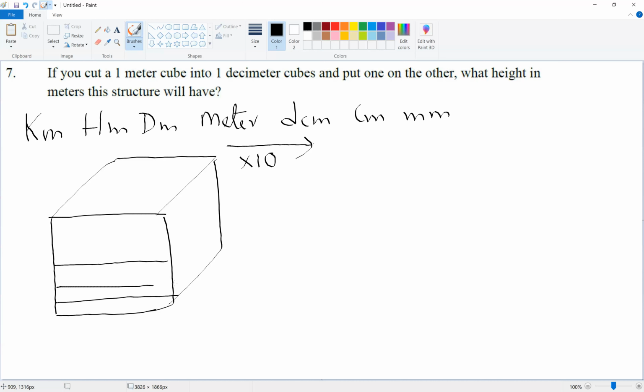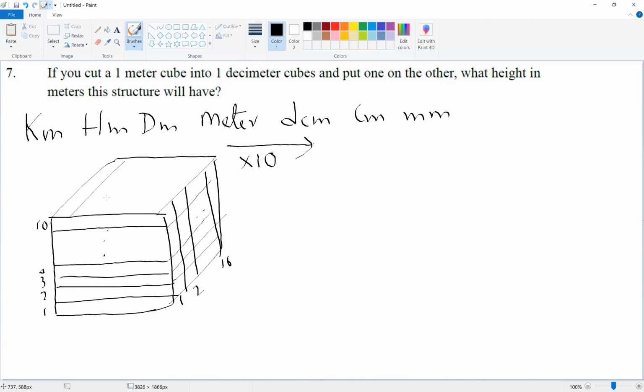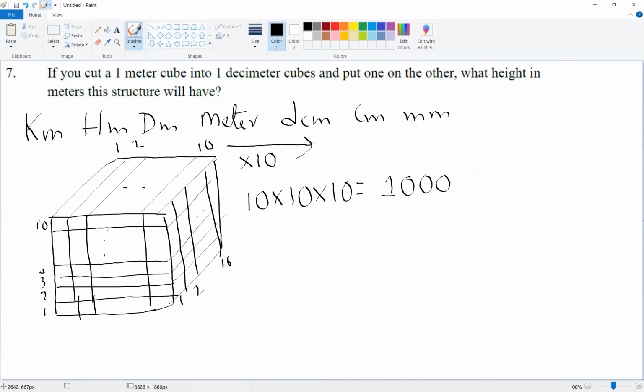Do you see there will be 10 pieces this way, right? And there will be 10 pieces this way. And finally, you will have 10 pieces this way. So there will be 10 times 10 times 10, which is 1,000 small cubes.